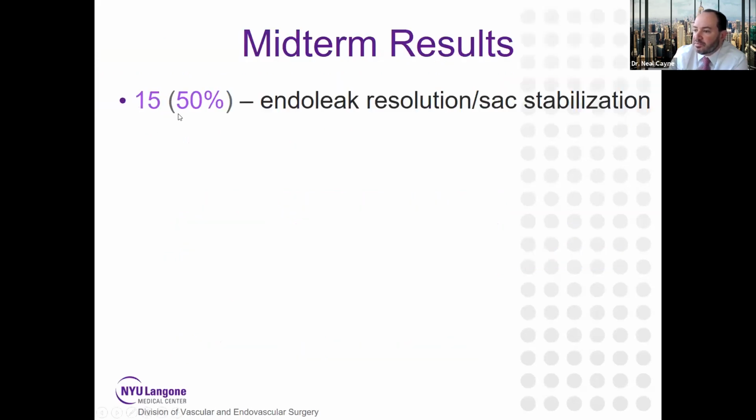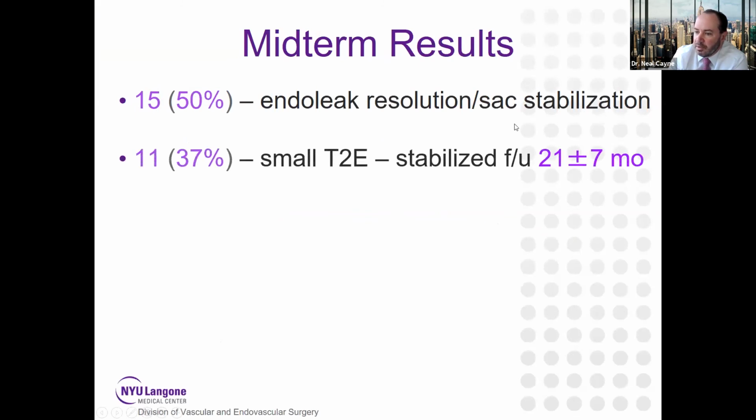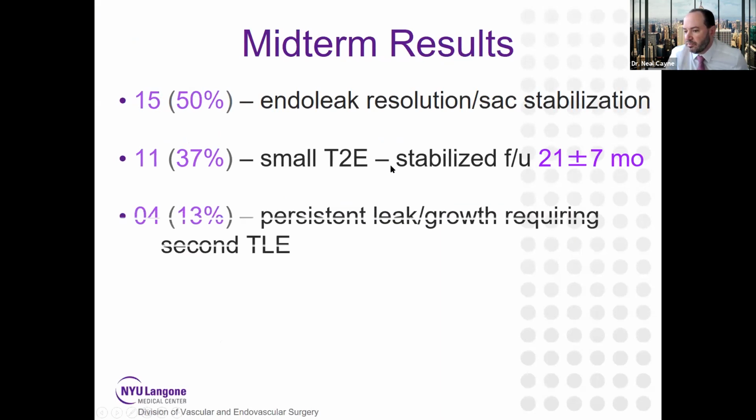Half of the patients, 15 of them, the endoleak resolved and the sac stabilized. 11 of the remaining 15, or 37%, had a small type 2 endoleak. However, their aneurysm size and growth stabilized at a follow-up of just under 2 years. So these were watched. There were 4 patients that had a persistent endoleak and continued to grow.